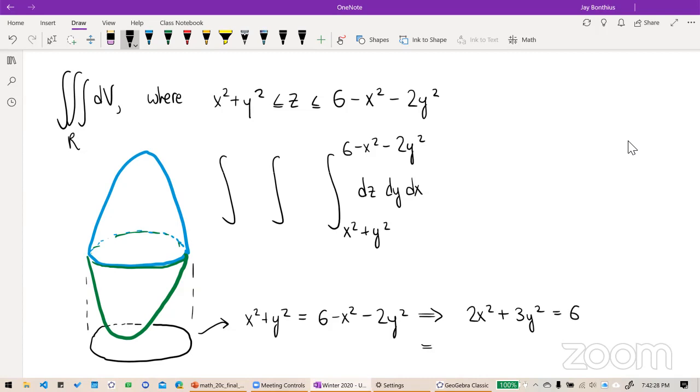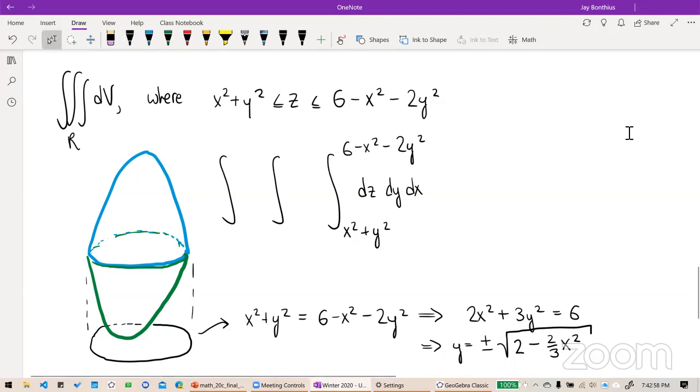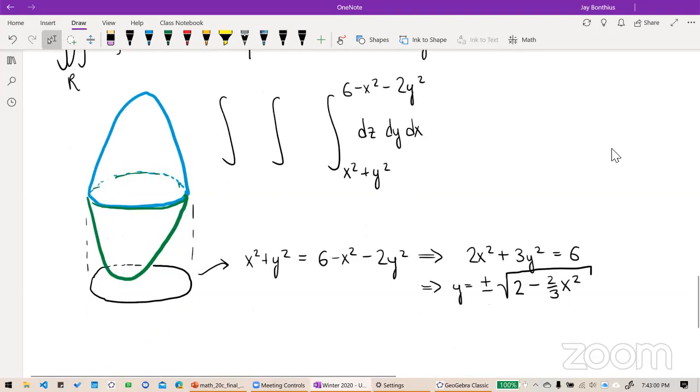And now isolating y, we get y equals plus or minus the square root of 2 minus 2/3 x squared. Okay, so that is writing the equation of that ellipse in this implicit form.